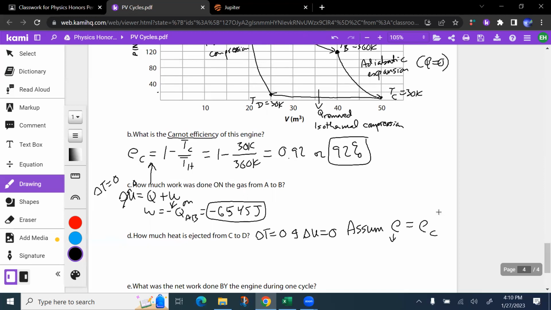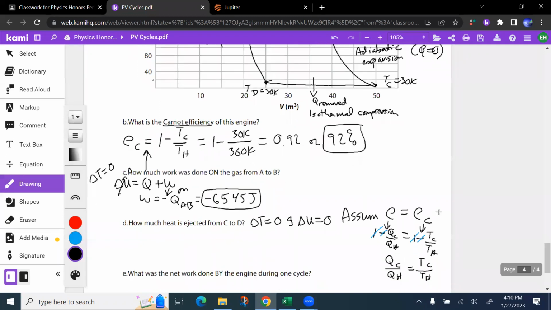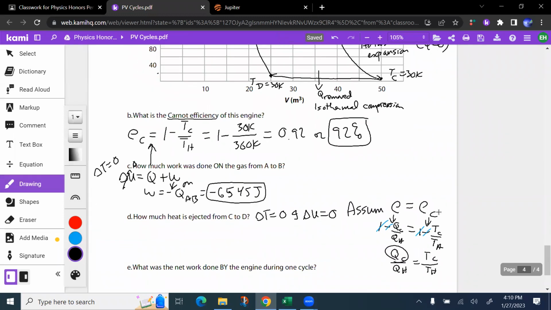That means the actual efficiency, 1 minus QC over QH, is set equal to the Carnot efficiency, which is 1 minus TC over TH. Now, if you look carefully, the 1 is going to cancel, the negatives are going to cancel, and we basically get this ratio, QC over QH equals TC over TH. We're solving essentially for QC, the heat ejected.